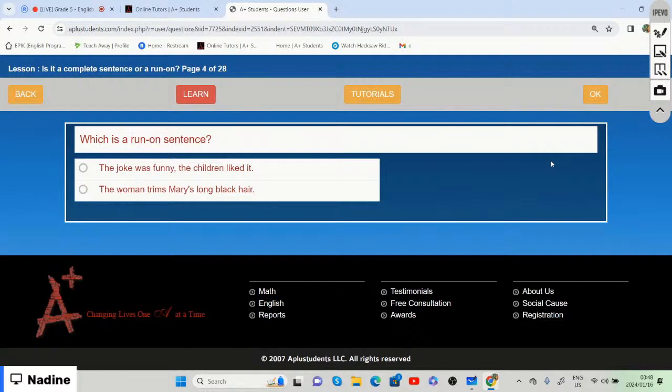So we need to say which one is a run-on sentence. Either the joke was funny, the children liked it, or the woman trims Mary's long black hair.